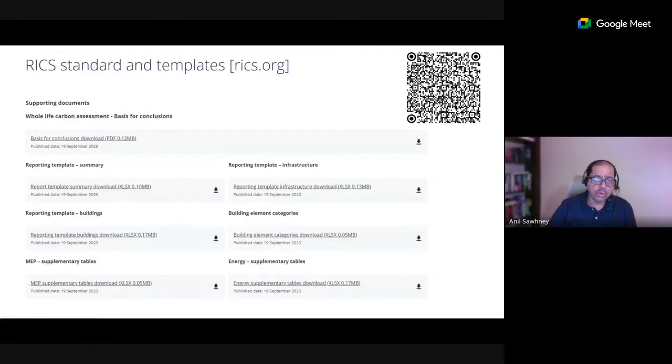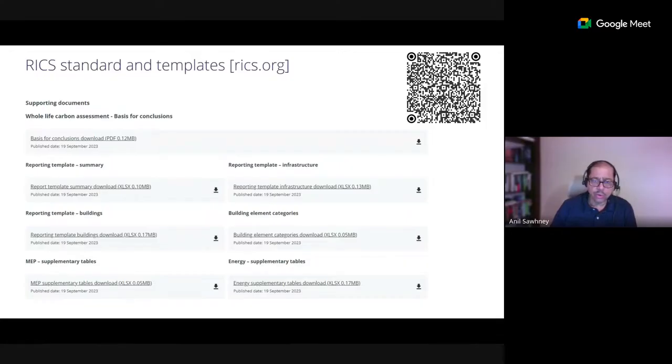So if you want to download our standard, you can scan the QR code and download the PDF of the standard. Alongside that, you have lots and lots of other resources available to you. So reporting templates in Excel spreadsheet format, supplementary tables for MEP and for energy are available.